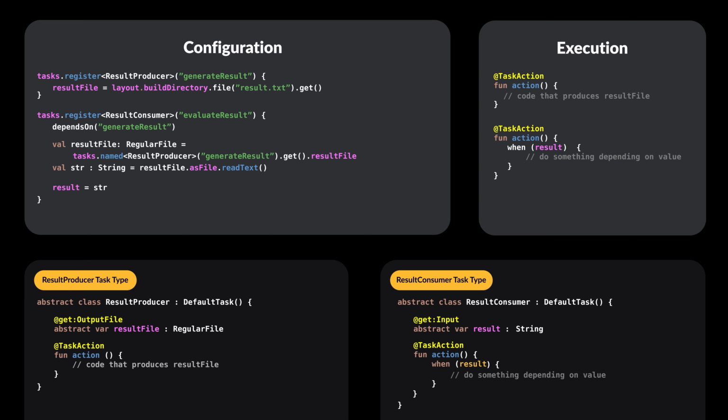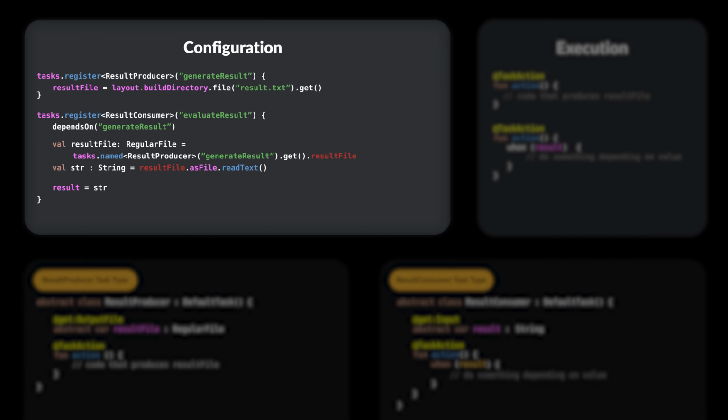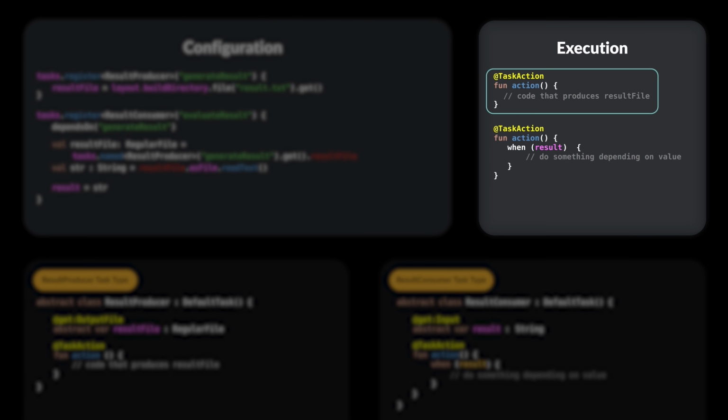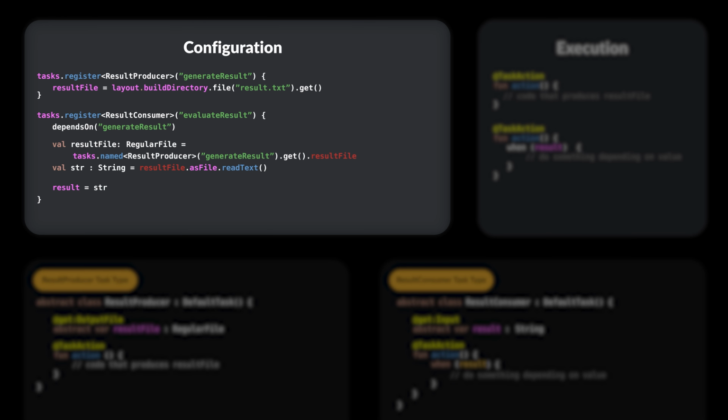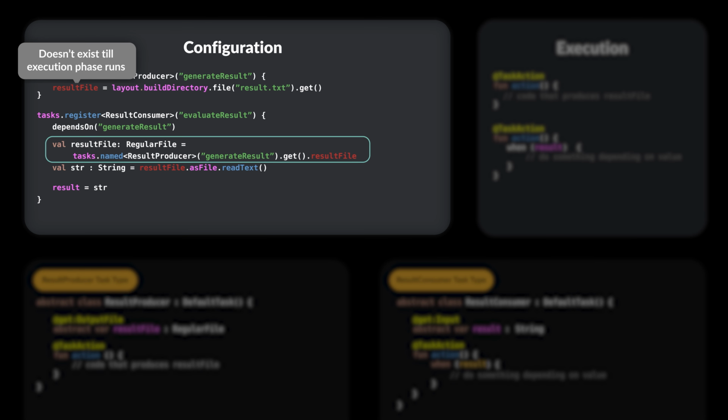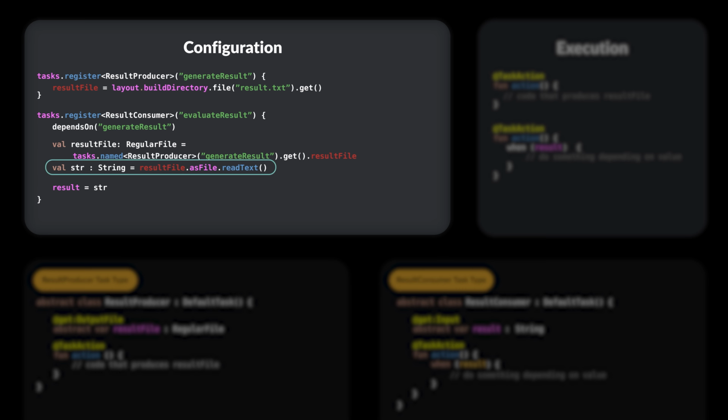So, during the configuration phase, for the generate result task, the result file location will be set. It is not created in the configuration phase yet. It'll be created when the action is run during the execution phase. So for the evaluate result task, since the result file doesn't exist yet when the configuration is being evaluated in the configuration phase, it cannot be read.